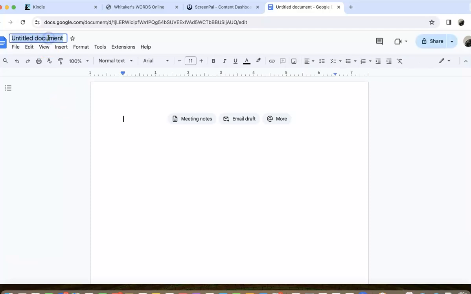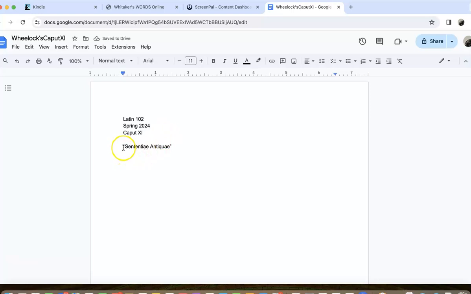All right, so I'm going to go ahead and put in our Latin 102, spring 2024, and of course we're talking about chapter 11 and our Sententiae Antiquae, which literally means ancient sentences, but probably ancient proverbs or sayings would be closer to the mark.